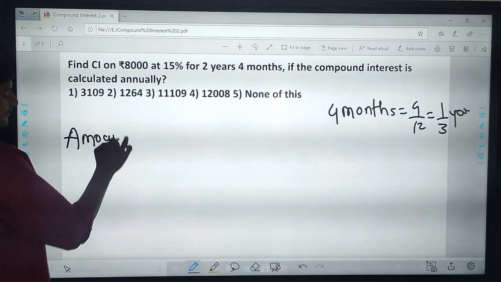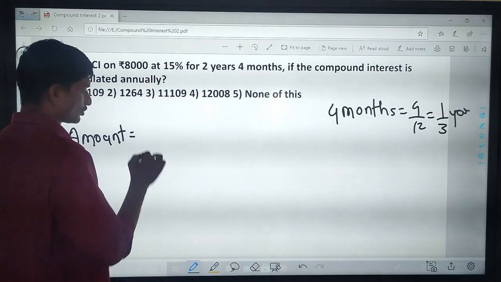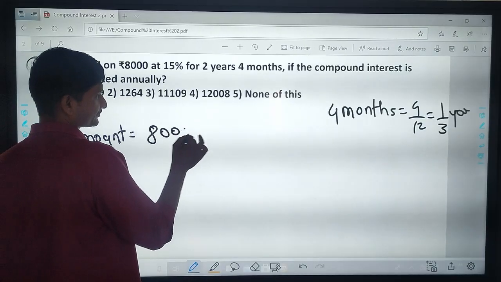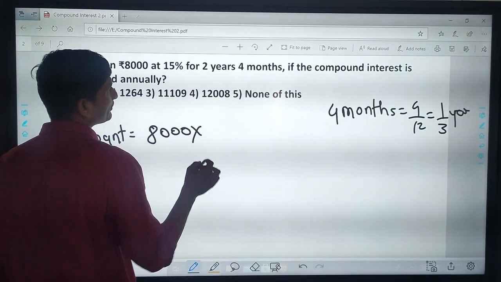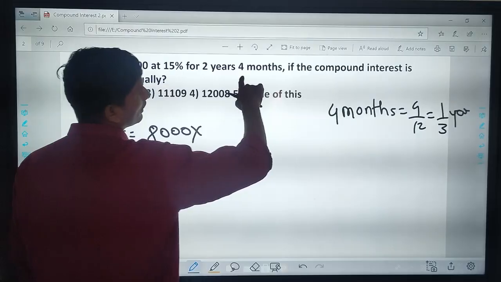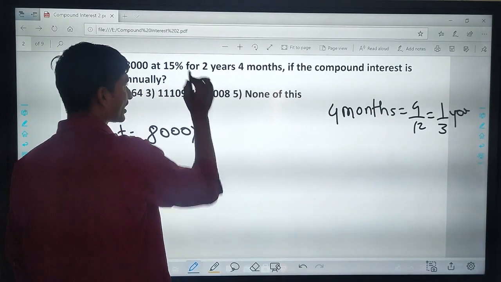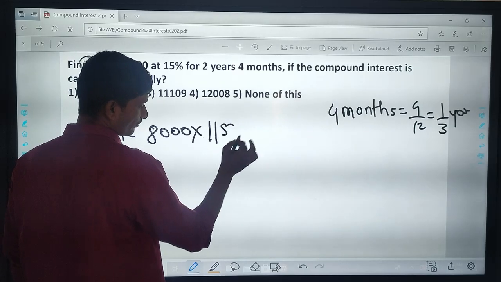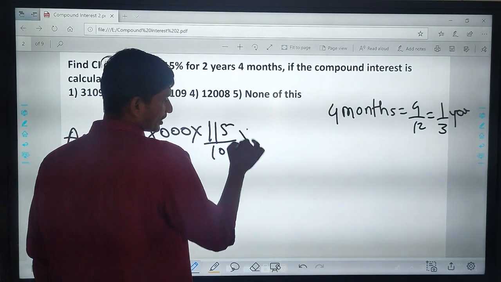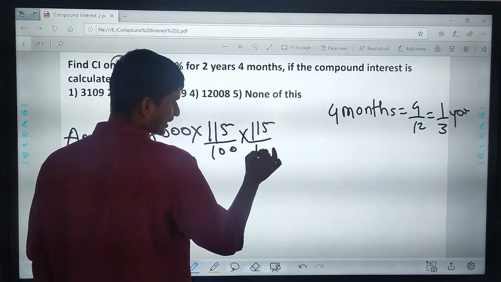We find the amount. Now amount is equal to 8,000 into 50% for 2 years, and next 4 months is 1 by 3. Now here write 115 divided by 100 into 115 divided by 100.